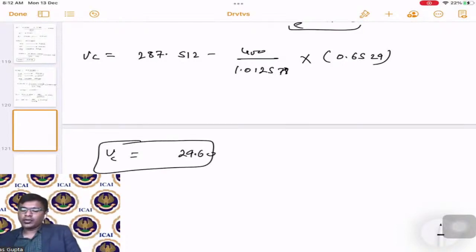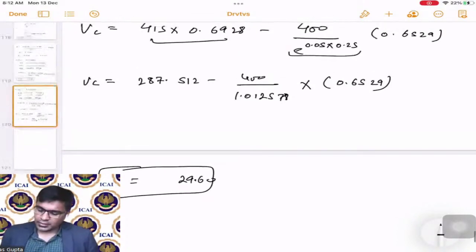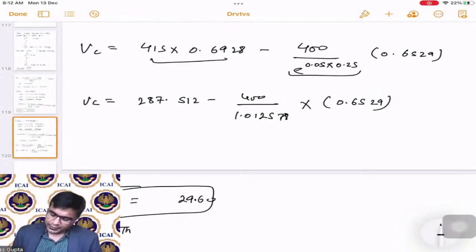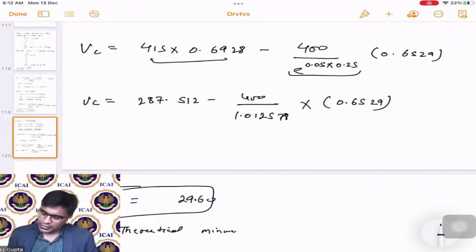This is the value of call option as per the Black-Scholes model. This is also called the theoretical minimum value, because we have calculated it through the valuation procedures.